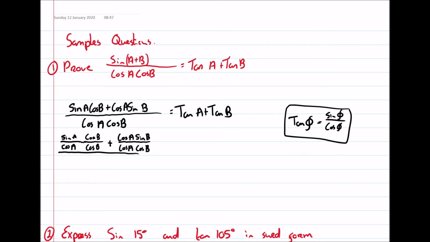Basically I'm going to divide every part of this fraction by cos A cos B.